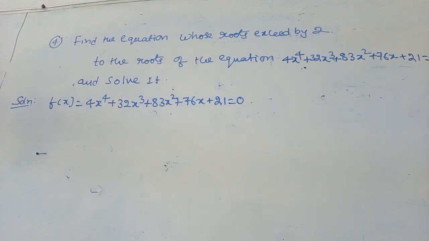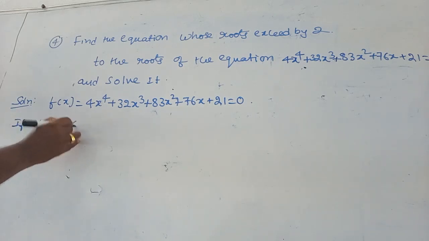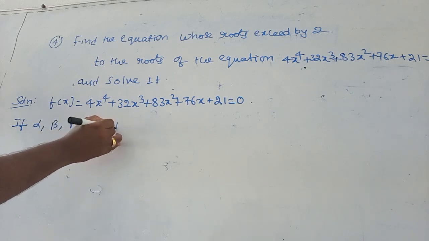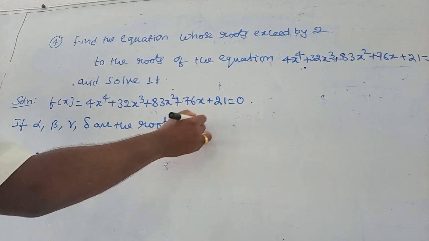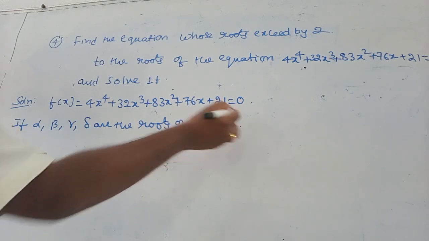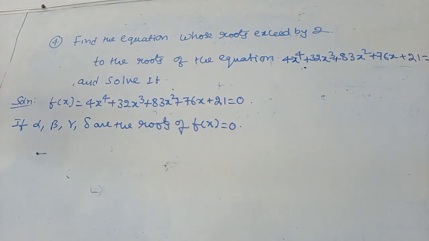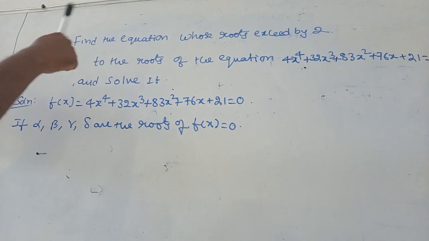Suppose alpha, beta, gamma and delta are the roots of f of x is equal to 0. Then we need to find an equation whose roots exceed these by 2.